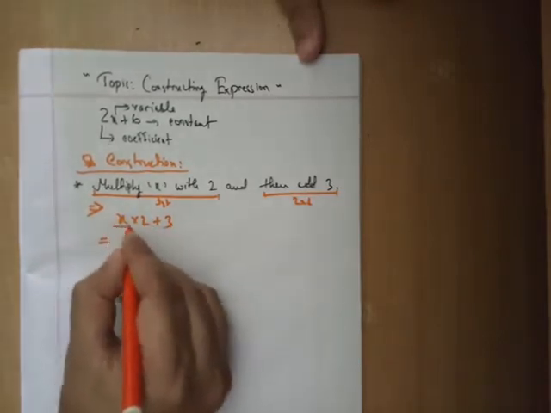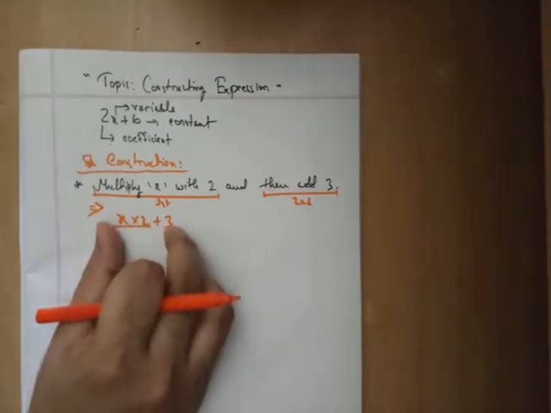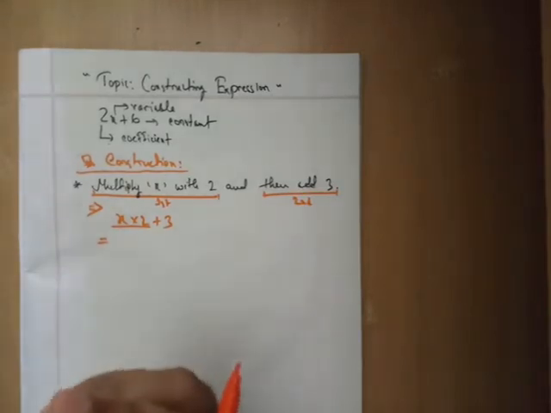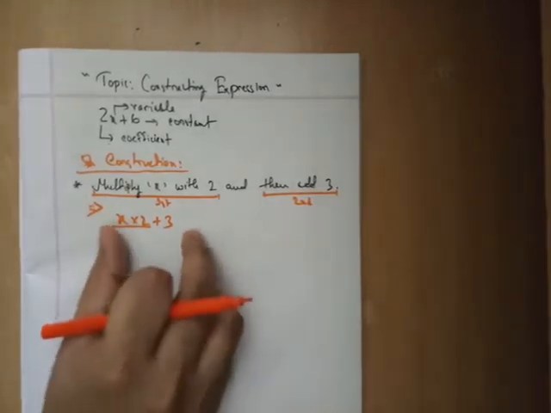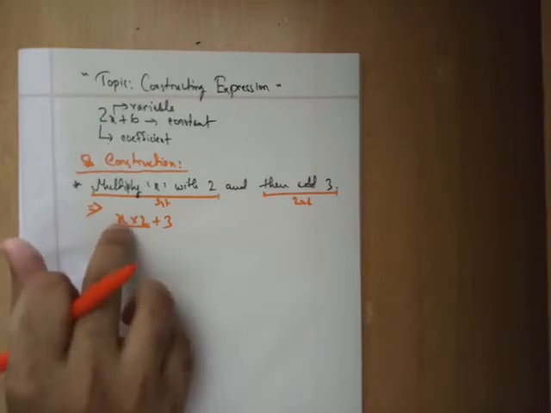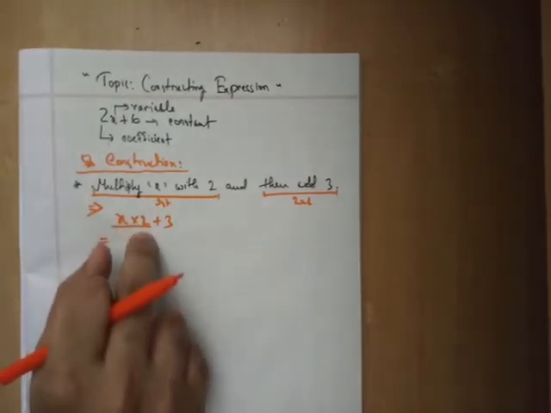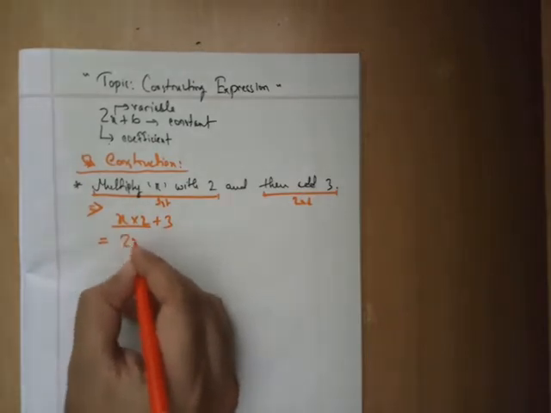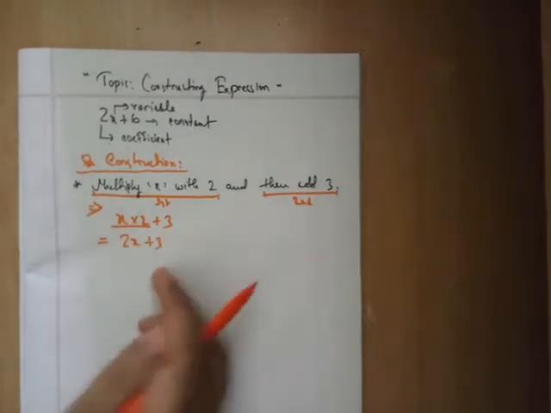Now for this, if you leave your answer here, that is correct also, but the more appropriate way of doing it is, when we have a number and a variable multiplied together, we can write this as 2x plus 3.